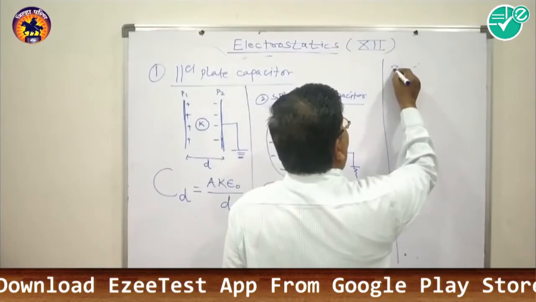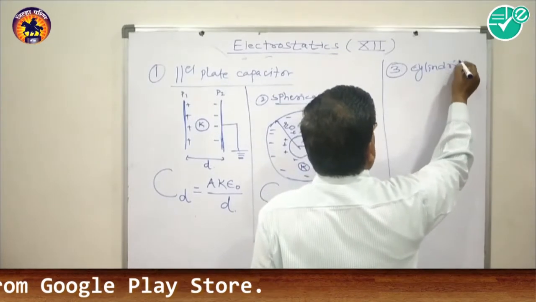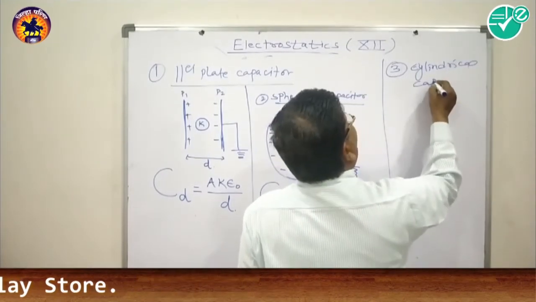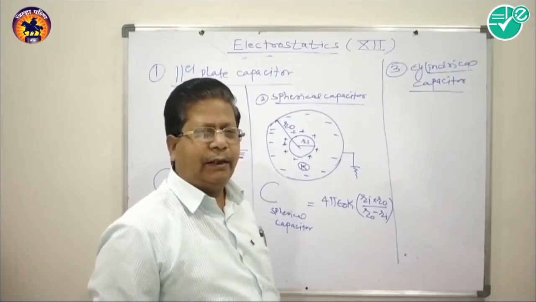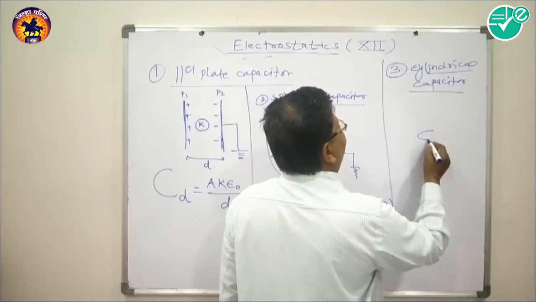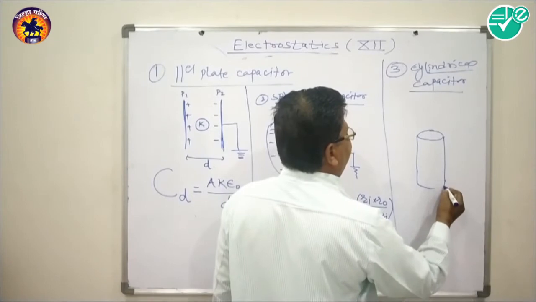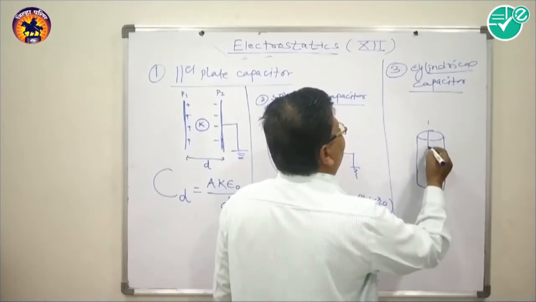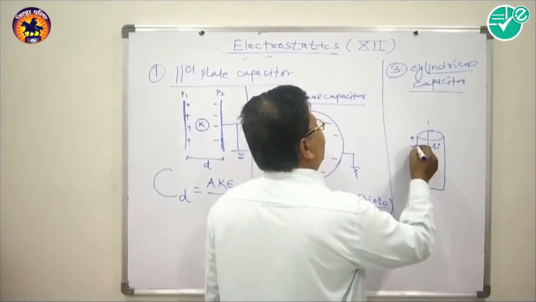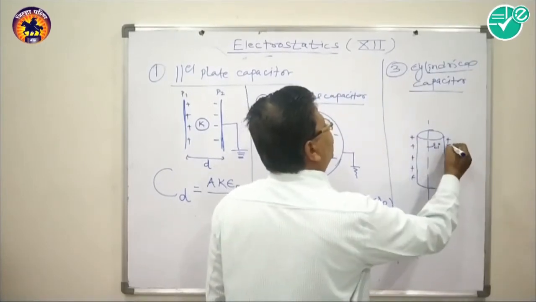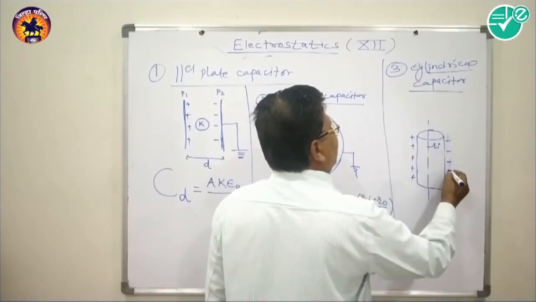And the third type is the cylindrical capacitor. This is formed by two coaxial cylinders, one having radius, again, Ri, and equal amounts of positive and negative charges are deposited.